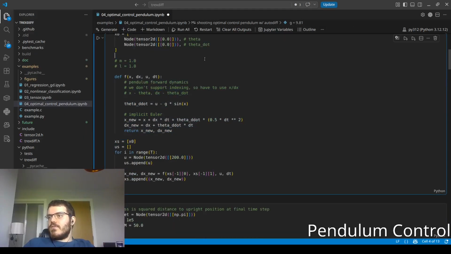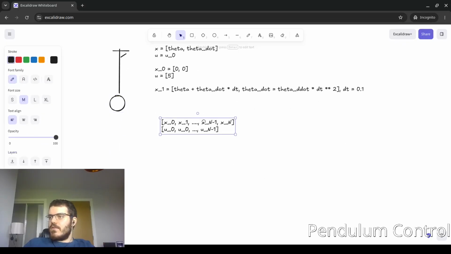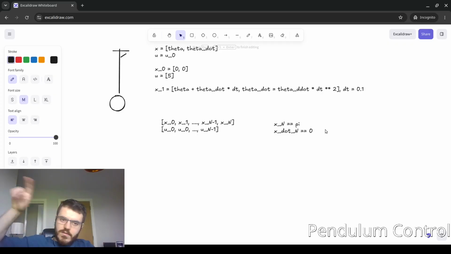So what we've done is we've taken our x's and y's, and then I'm saying, okay, here I want my x of n to be pi, and then the velocity has to be 0, right? Because I don't want to be swinging.